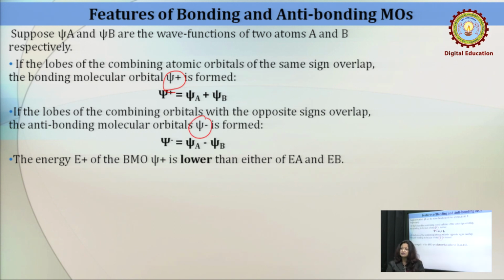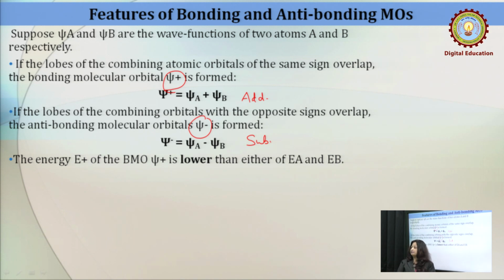Similarly, we can represent the anti-bonding molecular orbital as psi minus. So, how can we represent psi minus? Psi minus is equal to psi A minus psi B. Psi A plus psi B is combination by addition, and psi A minus psi B is combination by subtraction, right? Now, we have considered the energy part as well.